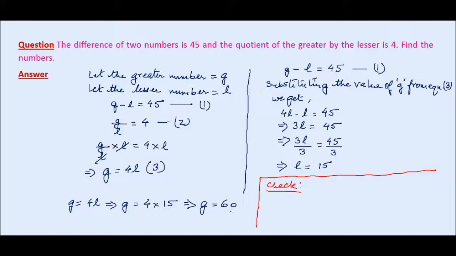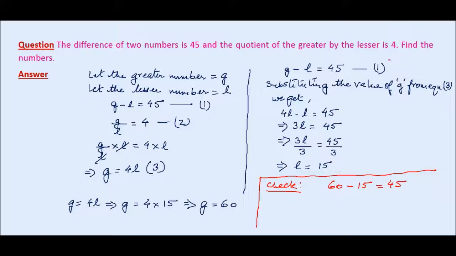So G minus L is 45. What is G? 60. And L is 15. So 60 minus 15 is equal to 45. So the first part is getting satisfied by these two values, 60 and 15.